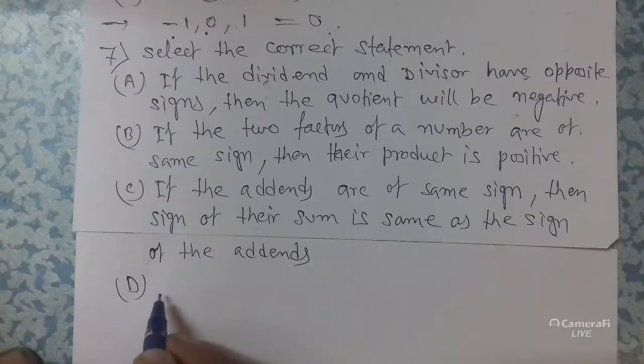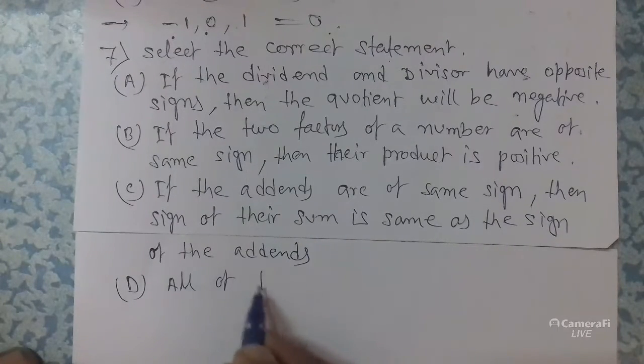And D option is all of these. So the four options are: first option, so we have to select the correct one.